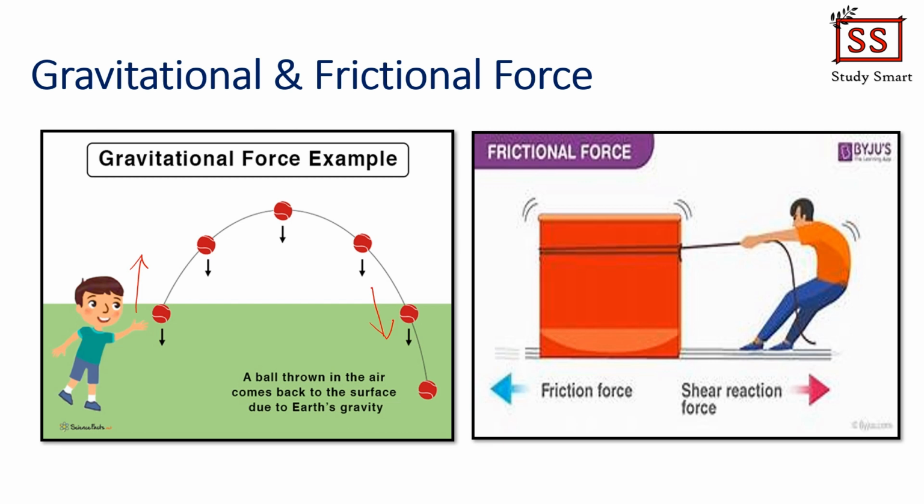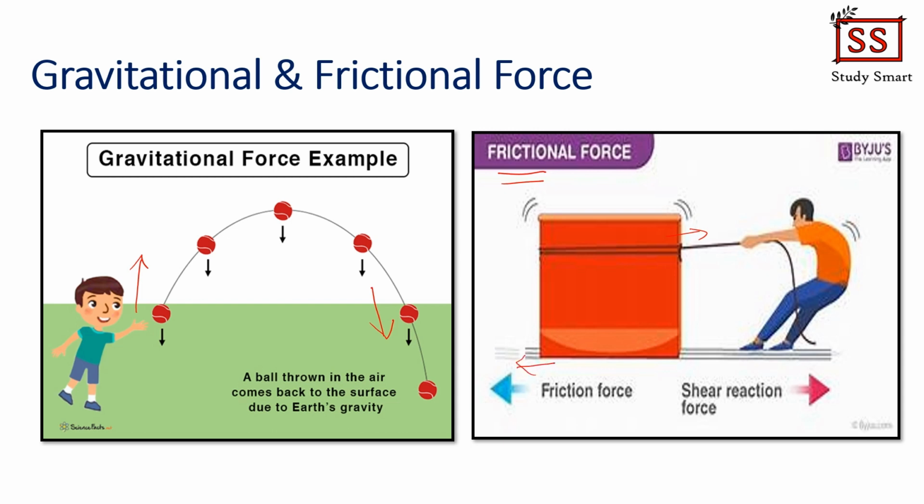And second, we have frictional force. What does it mean by frictional force? Frictional force in Malay we call geseran. Geseran means when you are dragging an object, for example this guy is dragging to the right-hand side, there will be a frictional force acting on the opposite side.